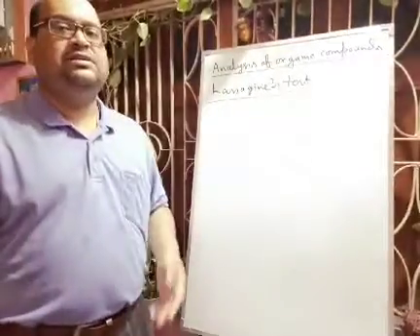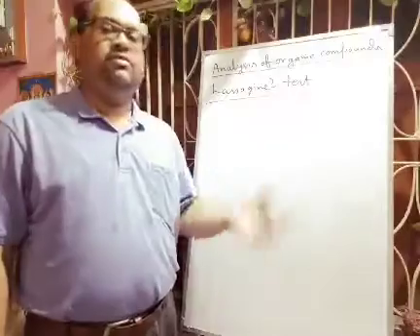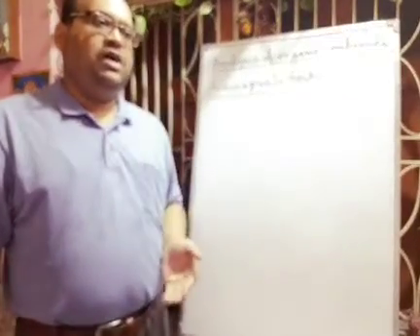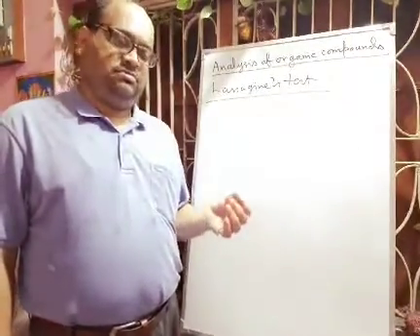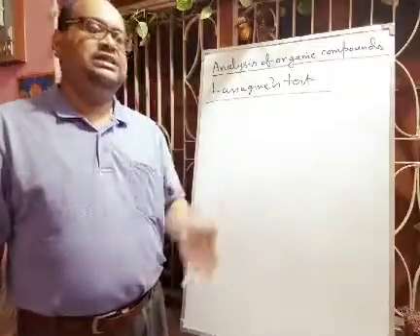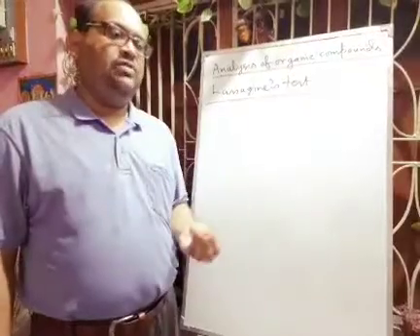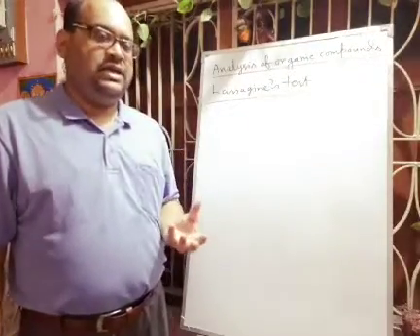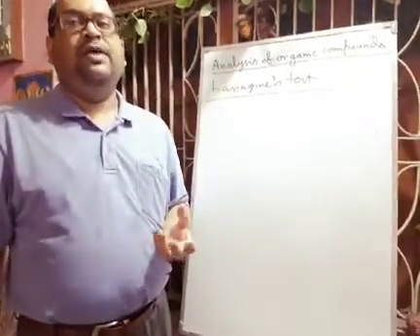So for detection of sulfur, the same Lassaigne test you have to do. You have to take sodium and the organic compound, then fuse it and make it red hot. That means you have to heat it strongly. Then you have to break this fusion tube inside water taken in a China dish.